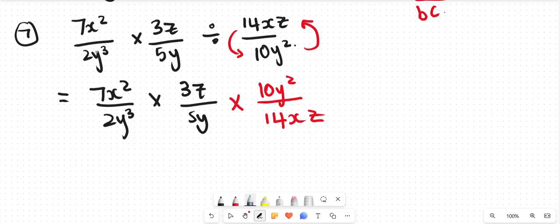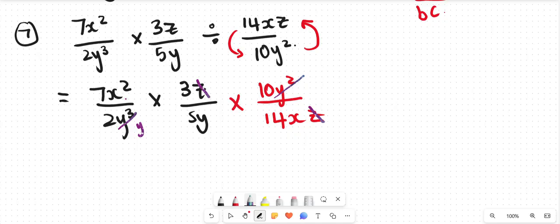Then at this point, I can start cancelling. What I notice is that we have a y squared there, but we have a y to the 3 there, so this leaves me with 1y there. We have this y that's going to eventually multiply with that y, but we'll get there. What else do I see? We have a z up here and a z down there, those cancel.